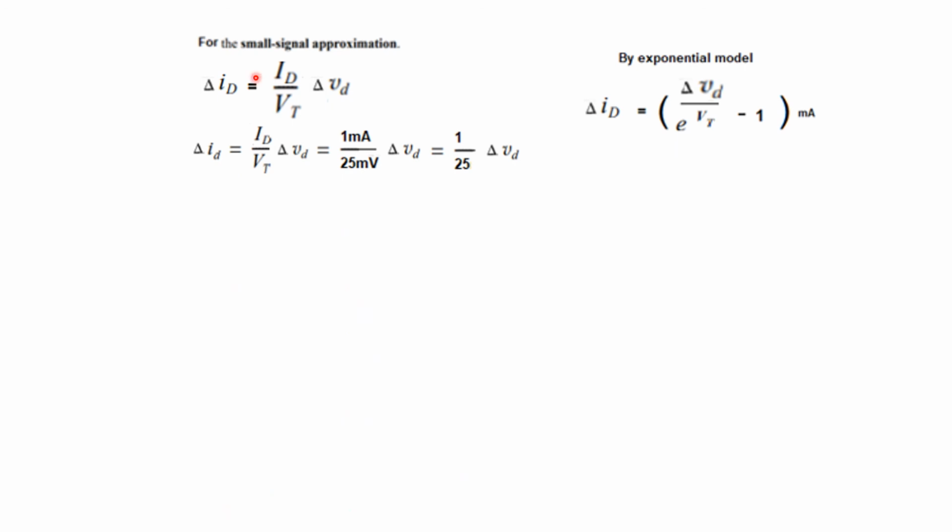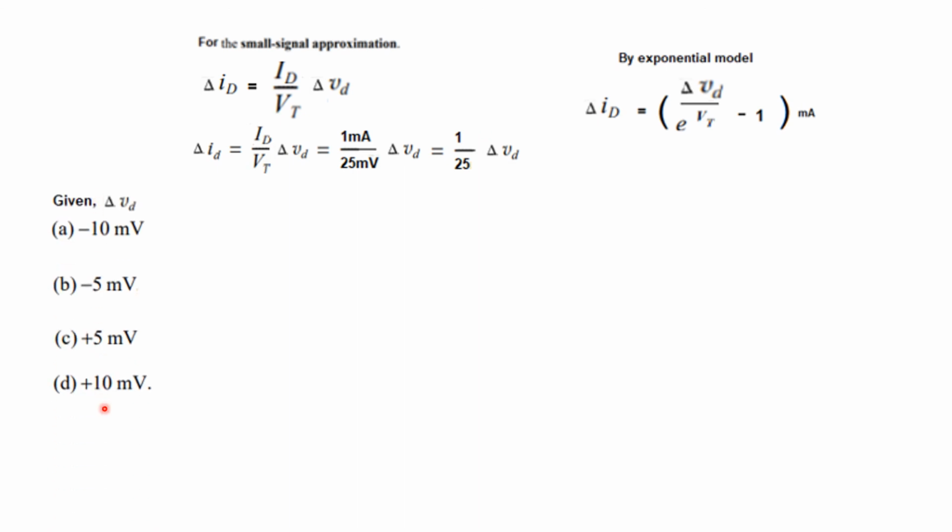Now from the small signal model we will do a further simplification. ID was given 1 milliampere, Vt we know is 25 millivolt. So the relation will become 1 over 25 delta Vd. So delta ID is 1 over 25 delta Vd. So we'll use this.